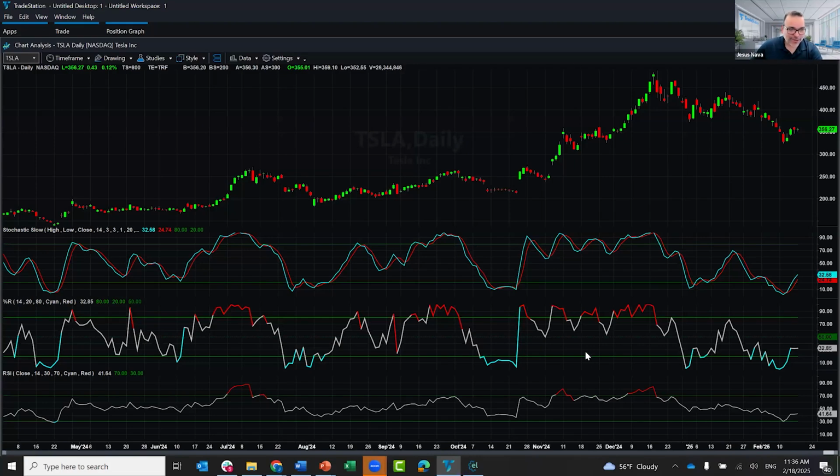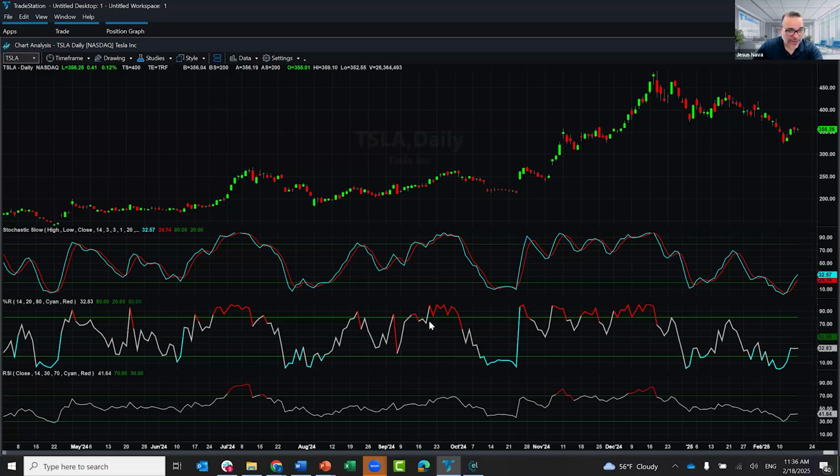Okay. Now that you mentioned that, John, the reliability of the three studies, because we talked about the similarities and how these are all built and the formula, they're very similar to each other. Now we look at them on the chart, and they are very aligned in identifying overbought and oversold levels. I would say that percent R is a little bit more sensitive.